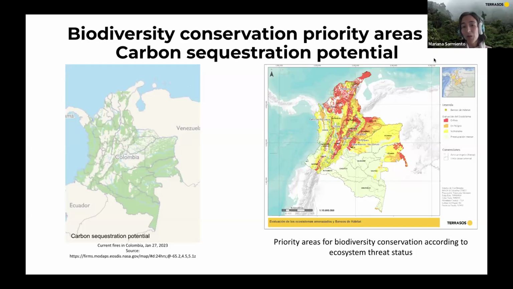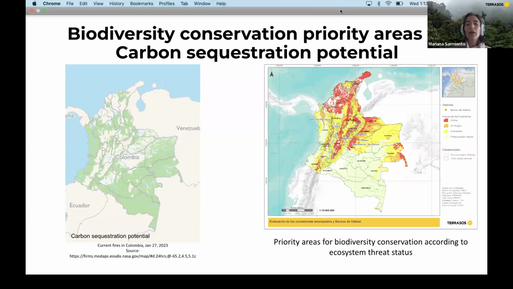And biodiversity markets, not only are they complementary, but they also have the potential to fill a gap in terms of conservation finance that carbon finance can't fill. So just to give you an example, the projects that Terrasos is developing, we have some that are as small as 100 hectares up to 1,000 hectares.